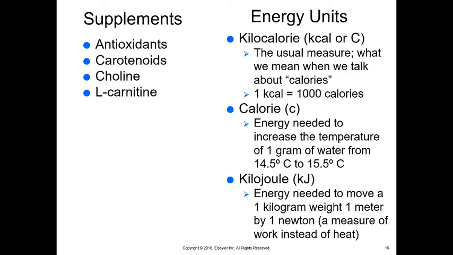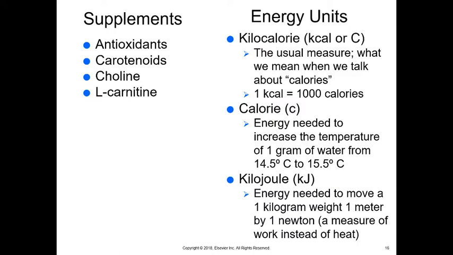A calorie is defined as the energy needed to increase the temperature of 1 gram of water, so a measurable amount of water, 1 degree, from 14.5 degrees Celsius to 15.5 degrees Celsius. So 1 gram of water, 1 degree, and we can measure that. Now when we measure it, we measure the calories in terms of kilocalories, and then we talk about those.